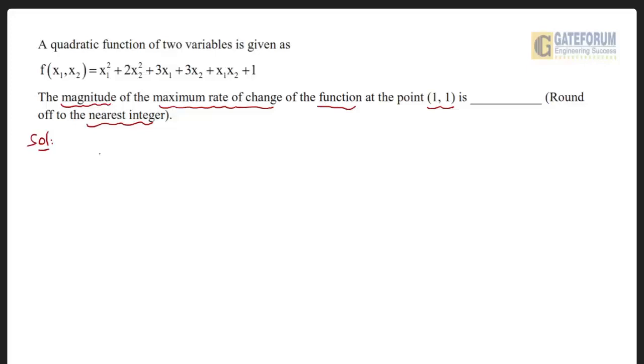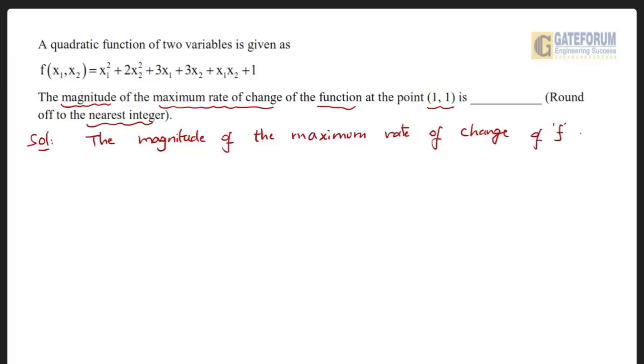So the magnitude of the maximum rate of change of f, the function, at the point P (1, 1) is mod del f at the point P, and then magnitude means this one.